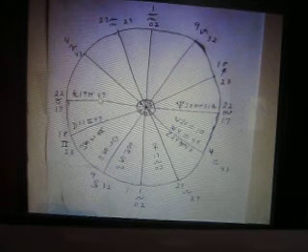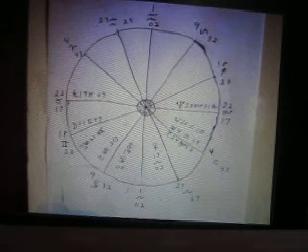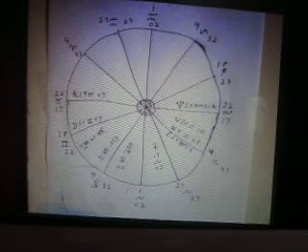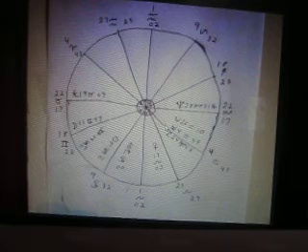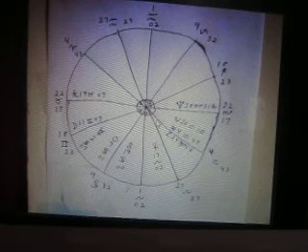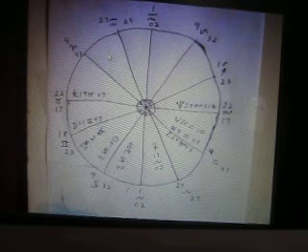So people, I just basically wanted to show you as far as the symbols and what to look for. Now you could see every house does not have a planet in it because there are 10 planets and there are 12 houses, so you're going to have at least 2 empty houses. And in my case, I have the 8th house empty, the 9th house empty, the 10th house empty, and the 11th house empty.